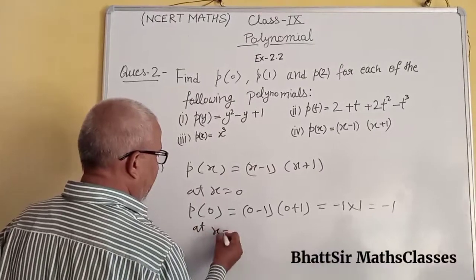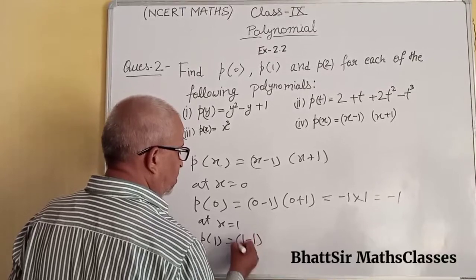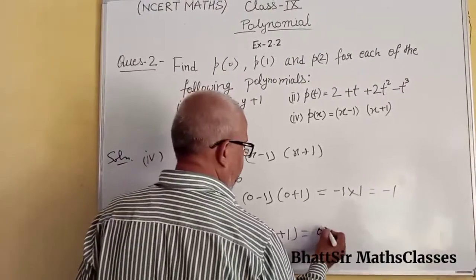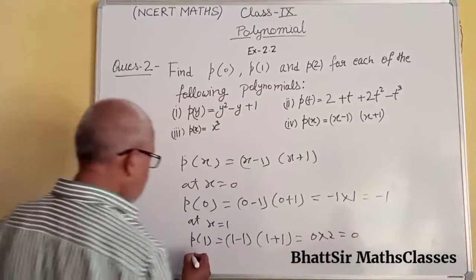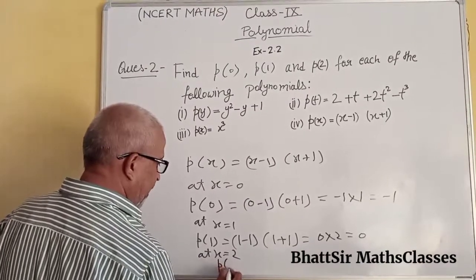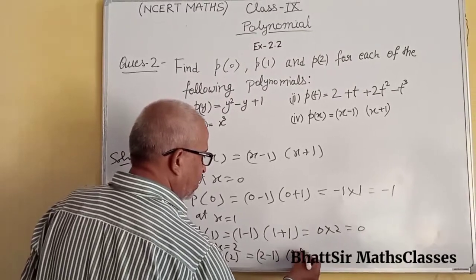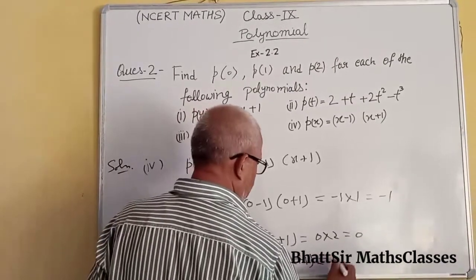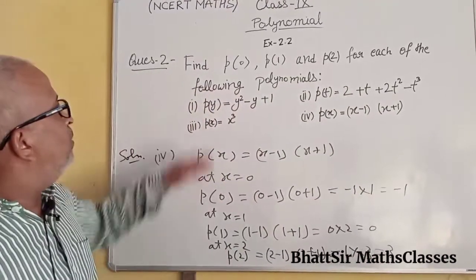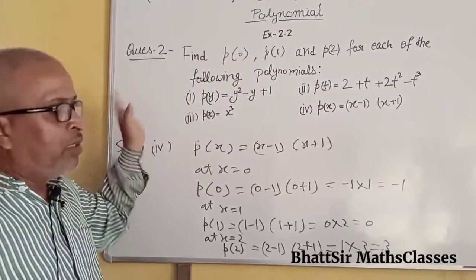At x equal to 1, P(1) equal to (1 minus 1)(1 plus 1) equal to 0 into 2 equal to 0. At x equal to 2, P(2) equal to (2 minus 1)(2 plus 1) equal to 1 into 3 equal to 3. So in this way we can find P(0), P(1) and P(2) for question number 2.